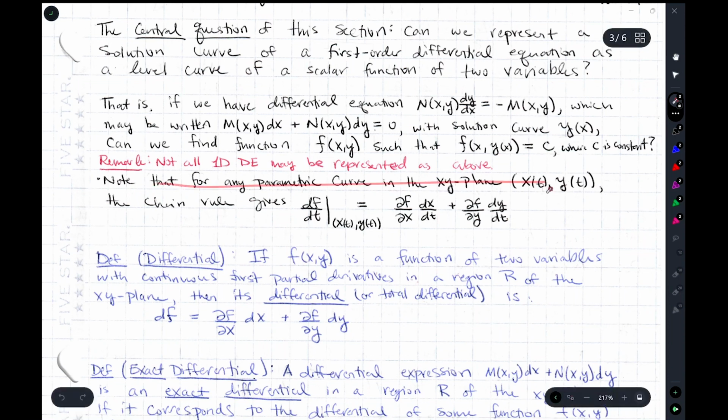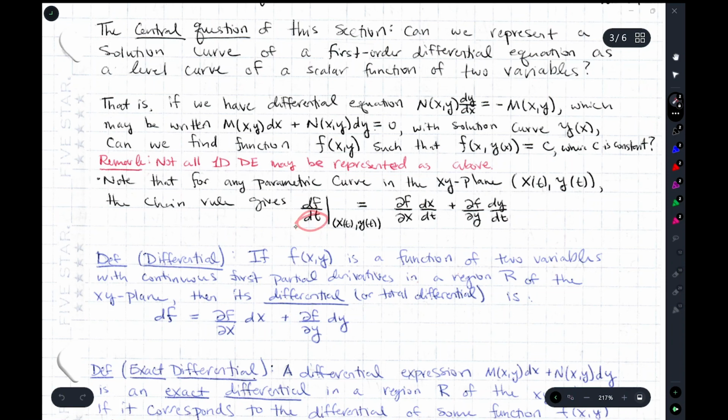Just a quick review here of the chain rule. If we have a parametric curve where x depends on t and y depends on t, and we have a function f(x, y), and we want to know how that function changes with respect to t, while t is the independent variable of x and y, f has independent variables x and y, okay?